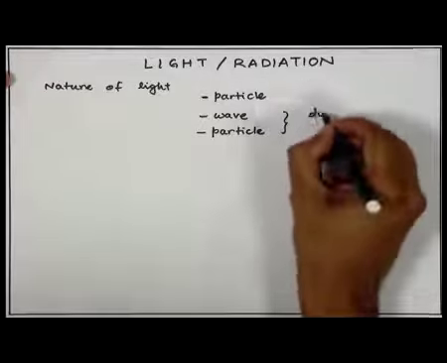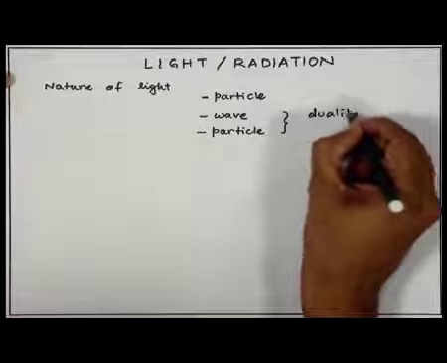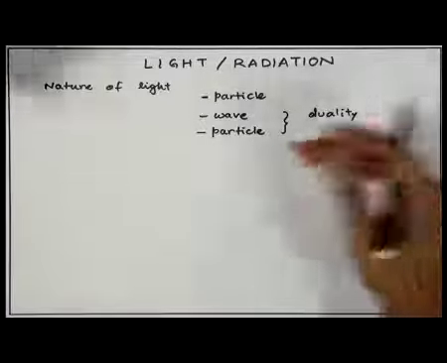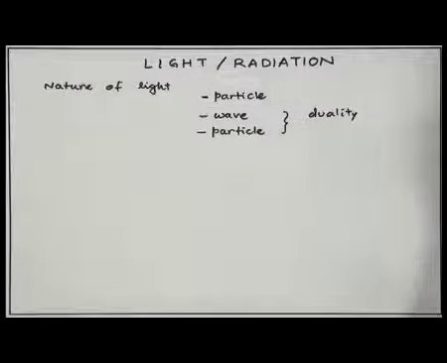This is called the duality of light. So, light can be a wave or a particle, depending on the experiment that we are trying to explain, depending on the action that light is carrying out, light adopts a particular form. It is always both wave and particle, and it can choose whichever face of itself it wants to show.